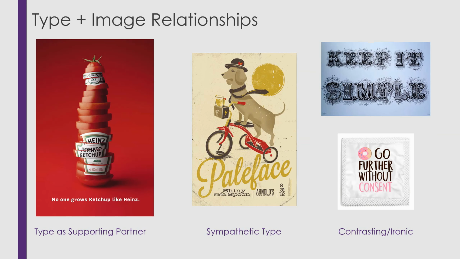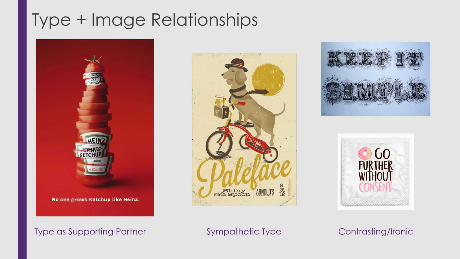All right, so the type and image relationships. There are a couple different ways in which your type and your image can work together. One of those ways would be type as a supporting partner, right? If you have an image-driven design, the typography and the text is obviously going to take a back seat to the visuals. So in the ad on the left for tomato ketchup, the photograph is obviously a very compelling image.